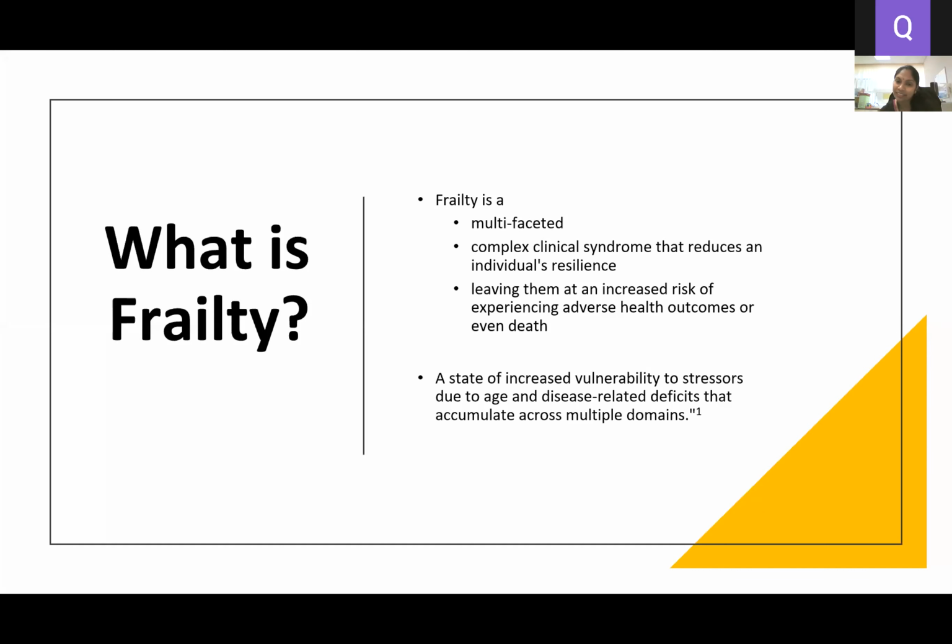So if there's any trigger, and one of the systems is weaker than the other, for instance the brain is weaker than, let's say, the heart, they will manifest with confusion rather than heart failure, right? So it's the weakest link, the weakest system, that makes them manifest. And they don't manifest typically because they are manifesting the weaker system rather than the trigger.